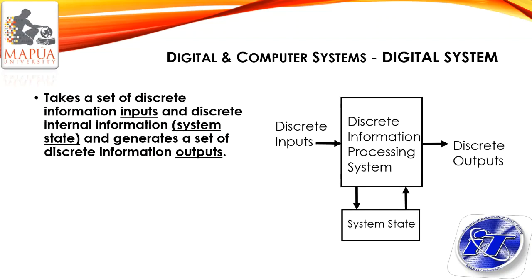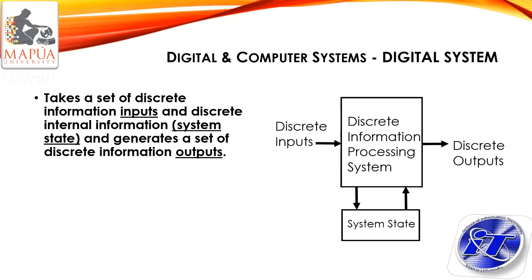So based on our book, it takes a set of discrete information which we call input and discrete internal information which we call system state. And it generates a set of discrete information output. So basically it accepts input and together with the status of our system state, it generates an output. Input, process, output.